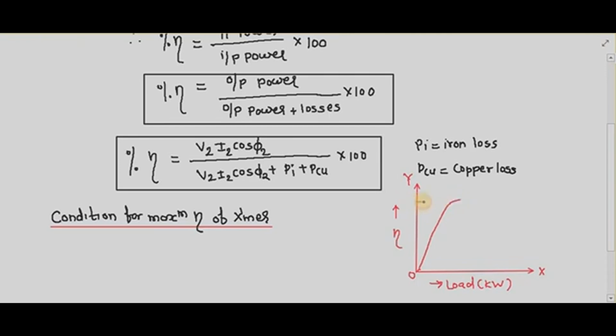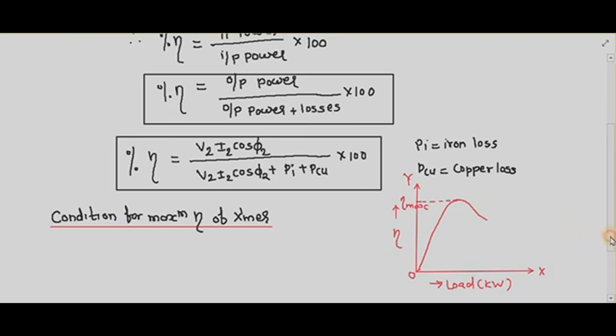So this is your efficiency max. It then commences to fall more and more if I increase the load further. This is the general shape of the efficiency curve that I have drawn in this figure.